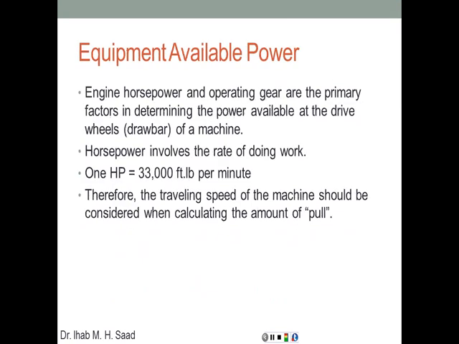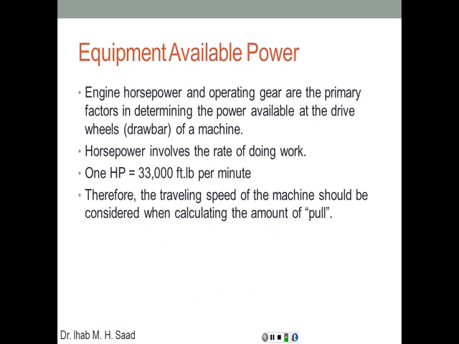The equipment available power is the engine horsepower and operating gear. The engine horsepower and operating gear are the primary factors in determining the power available at the drive wheels or the drawbar of a machine.